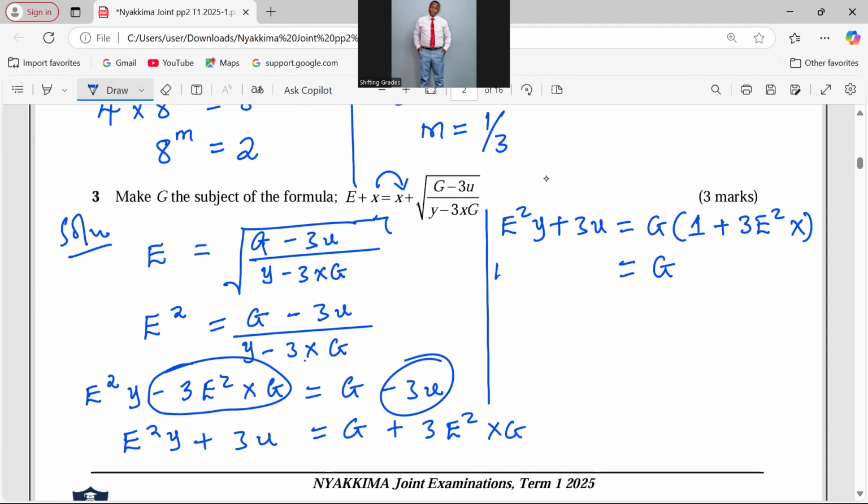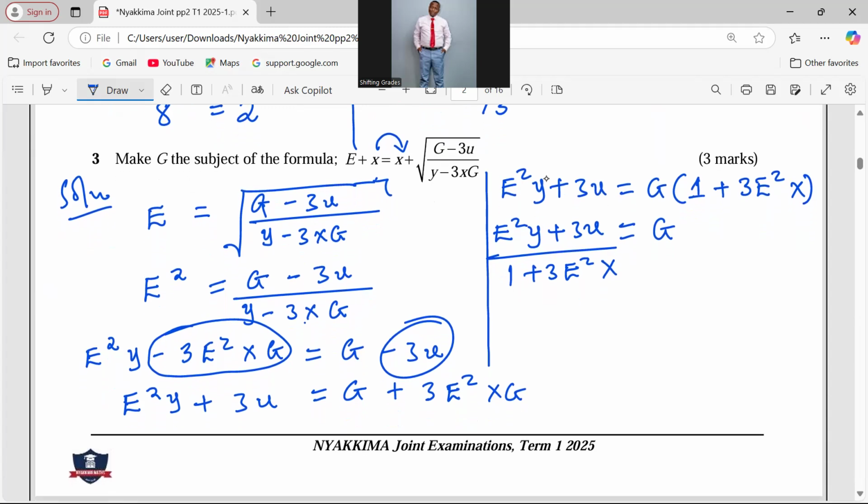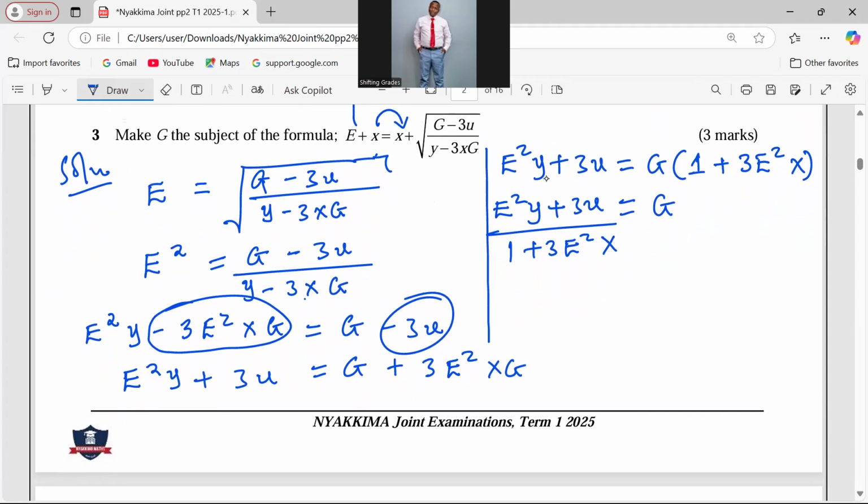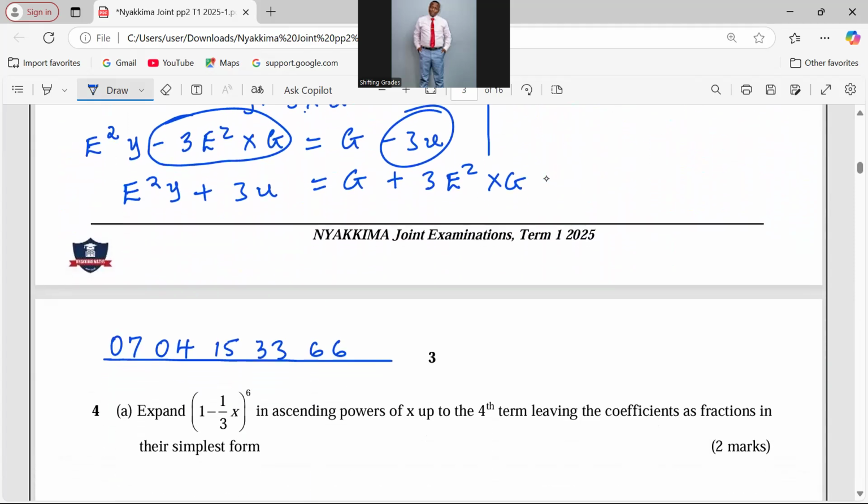So that we remain with e squared y plus 3 letter u, divided by 1 plus 3 e squared letter x. So that is how you should play along with all the variables involved in the given formula until you get the subject that you intend to get.